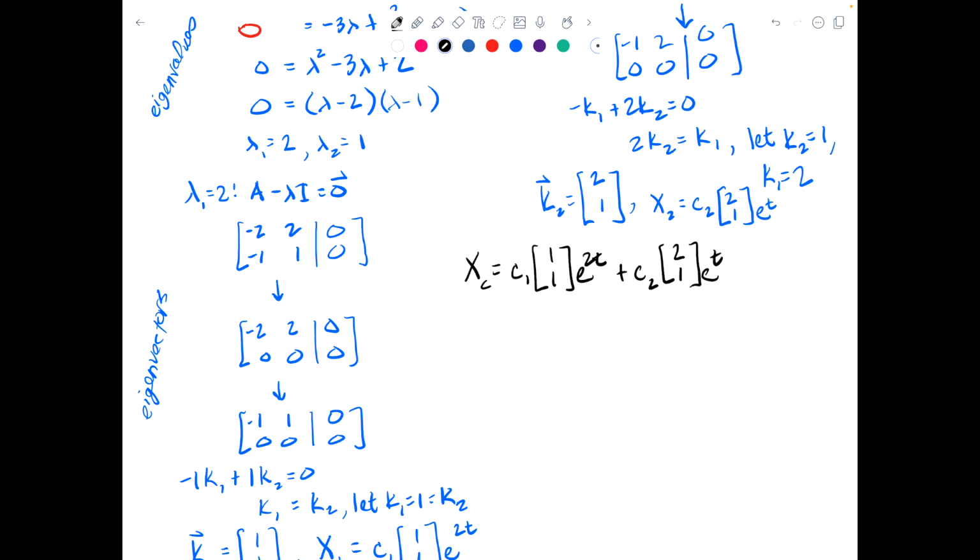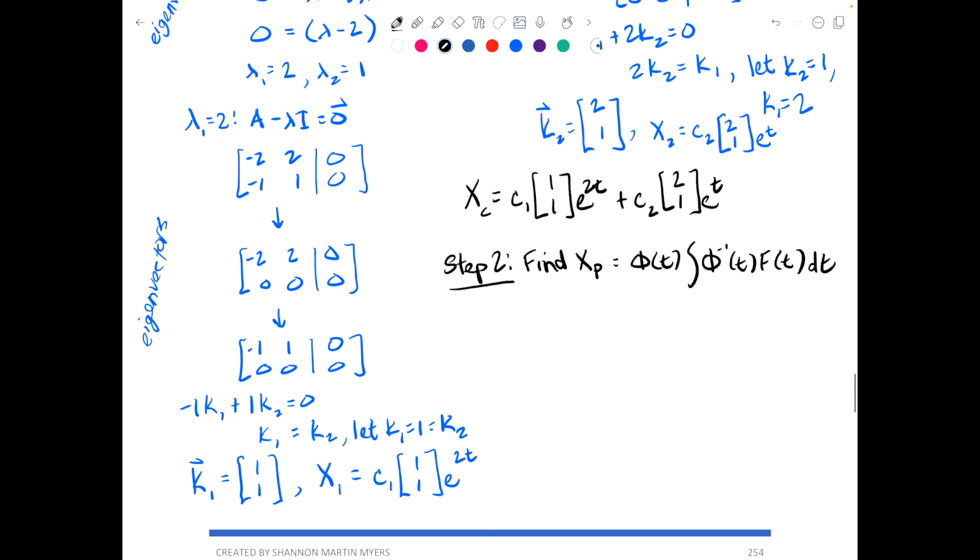Cool, cool? Okay, step 2. Find xp. And remember, xp was equal to phi at t times the integral of phi inverse at t times capital F at t, which we have from given in the problem. So if we split this up a bit, first we'll find phi at t.